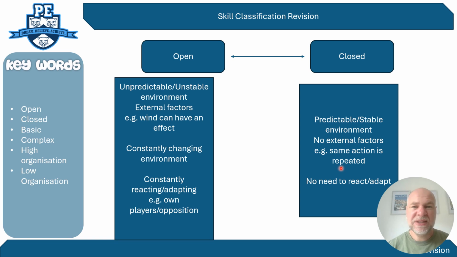If you're thinking of something like a tennis serve, which is one of the examples the exam board use, even though the environment can be open, the actual serve is more or less the same in most situations, the same actions, depending on where you want to put the serve, but generally the same actions, and I'll talk about that next slide down. And you're not reacting to an environment, so things like a forward roll in gymnastics, where there are no changes in conditions, the movement is the same movement pattern, they tend to be closed skills.